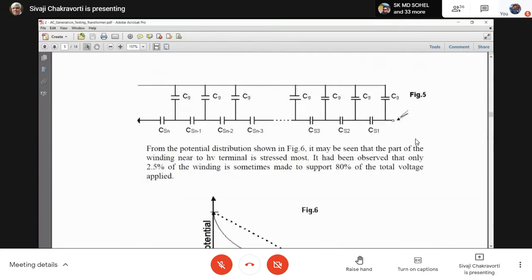So this figure that I am showing you is known as the high frequency equivalent circuit of a transformer.